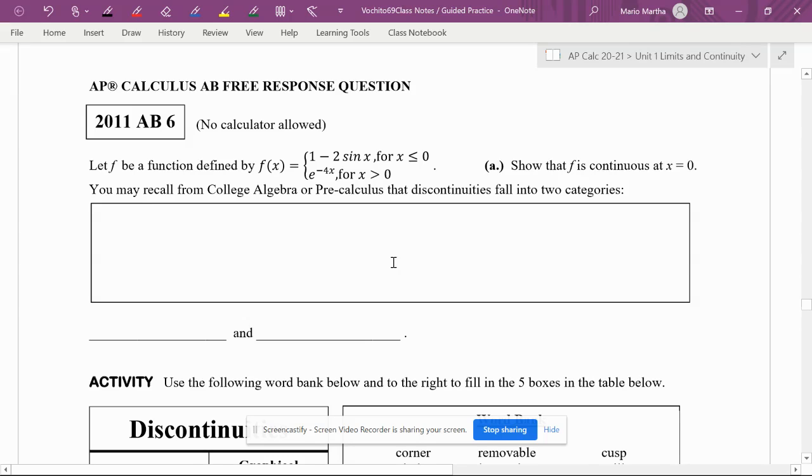They want us to show that f is continuous at x equals 0. You may recall from college algebra or pre-calculus that discontinuities fall into two categories: removable and non-removable.